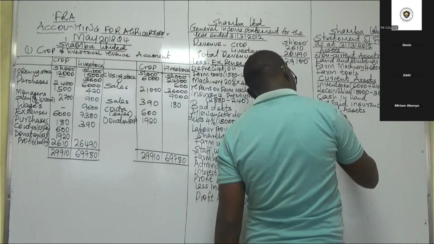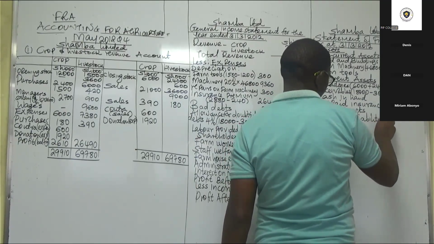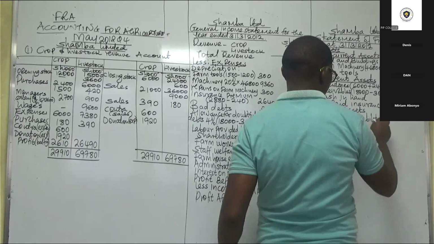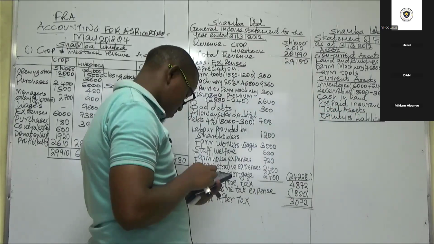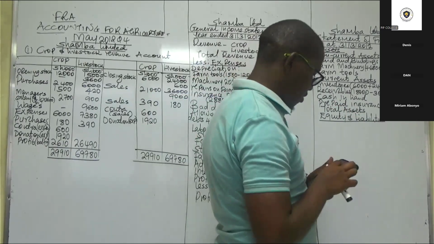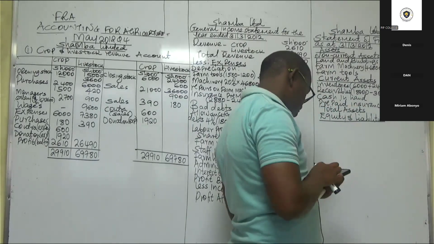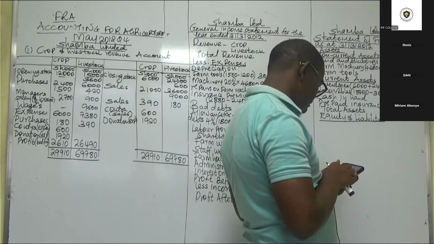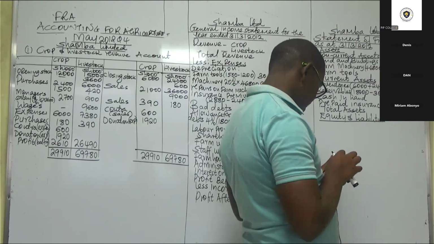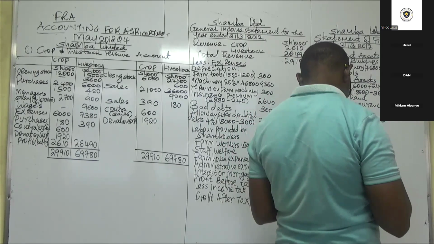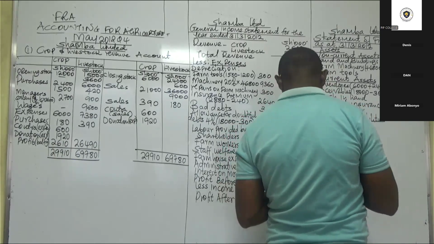Equity and liabilities. For equity and liabilities, we have the ordinary share capital.